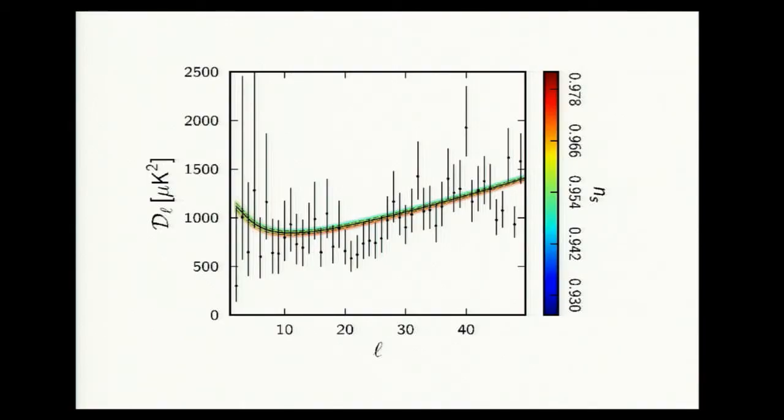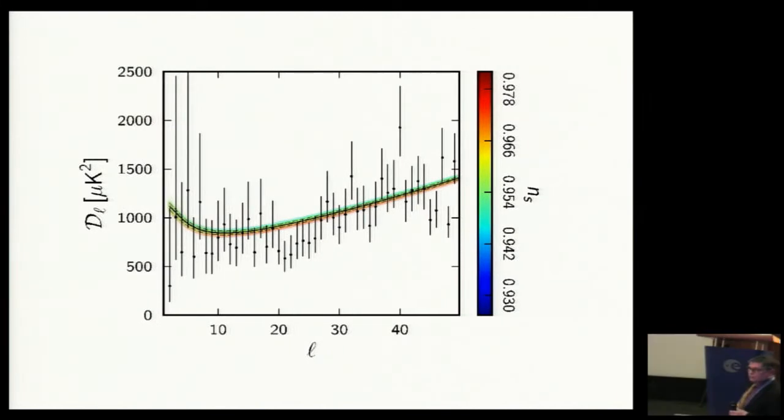So now, turning to this, everything is fine with the 6-parameter cosmology at high multipoles from the Planck data. This rainbow diagram shows you the range of values allowed at low multipoles from fitting the full likelihood.